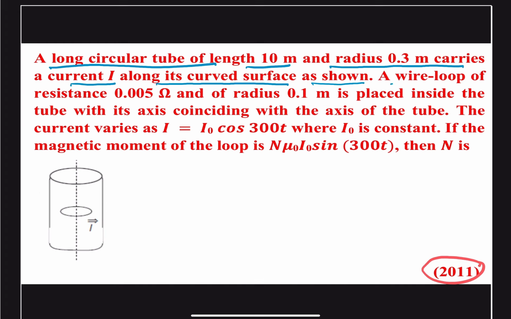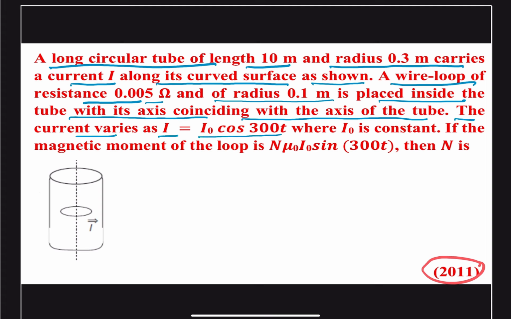A wire loop of resistance 0.005 ohm and radius 0.1 meter is placed inside the tube with its axis coinciding with the axis of the tube. The current varies as I equals I naught cos 300t, where I naught is a constant. If the magnetic moment of the loop is n mu naught I naught sin 300t, then the value of n is?